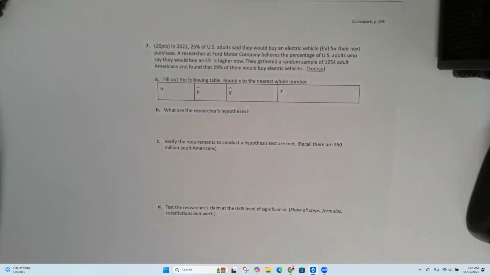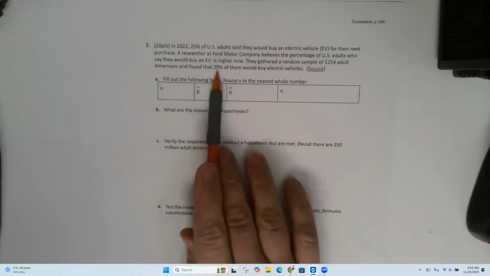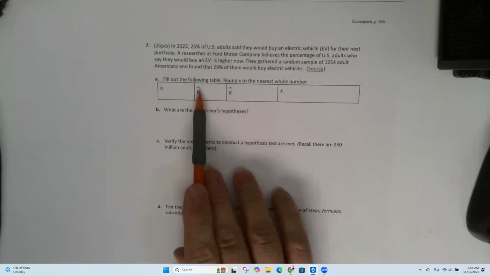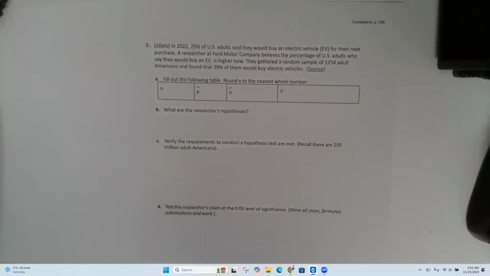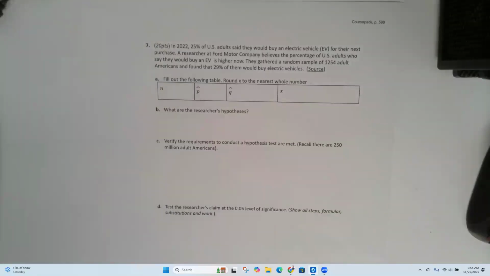So when you're doing a hypothesis test, what you're doing is verifying that it didn't matter that you did a random sample. Since I did a random sample, my sample proportion, my p hat, could have been higher or lower depending on who I picked in my sample.